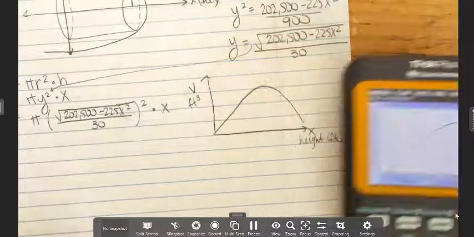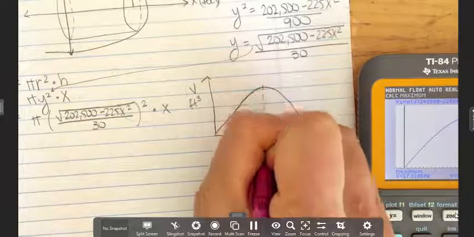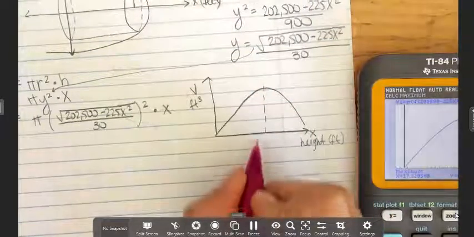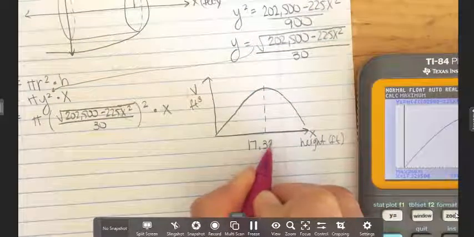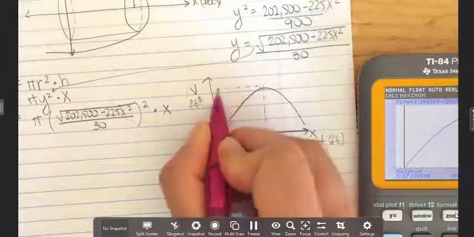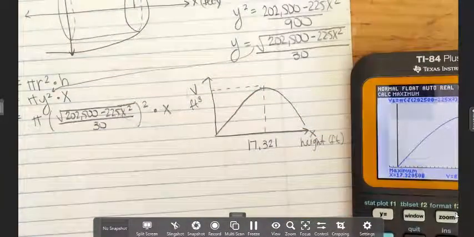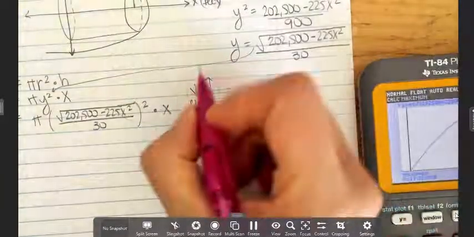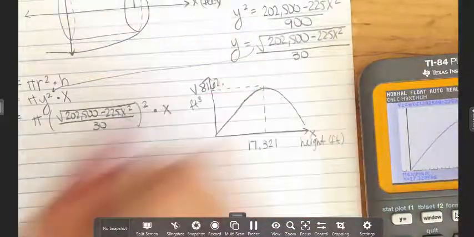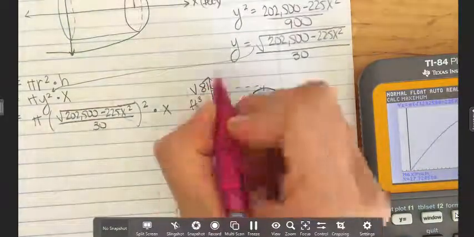All right, so I got an X max of 17.321 and a volume of 8,162.097.